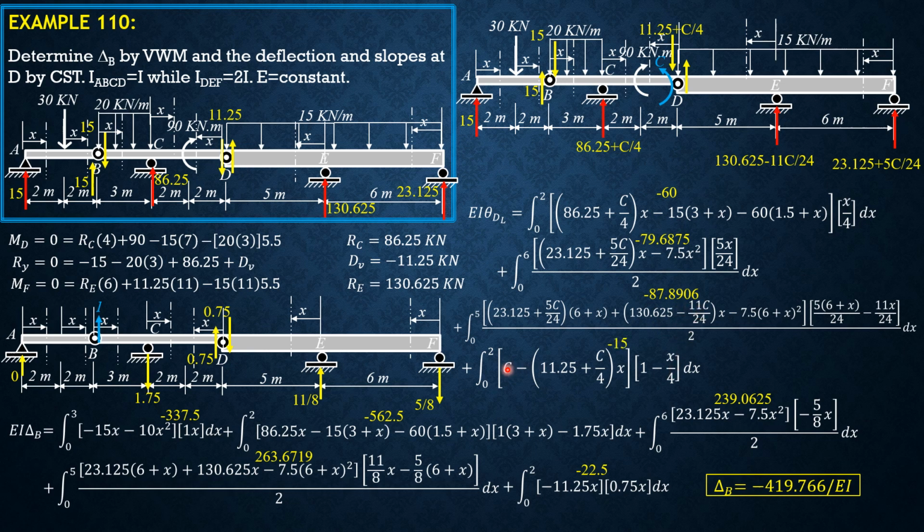And finally, this is 0, 0, negative 11.25x times quantity 1 minus x over 4 dx. Integral from 0 to 2, the value is negative 15. So combining, so we have theta D just to the left is negative 242.578 over EI. So next we proceed to deflection at D.